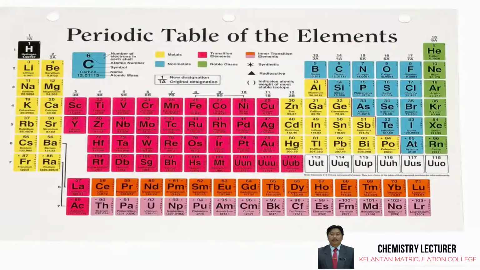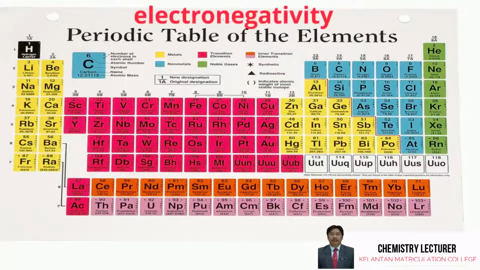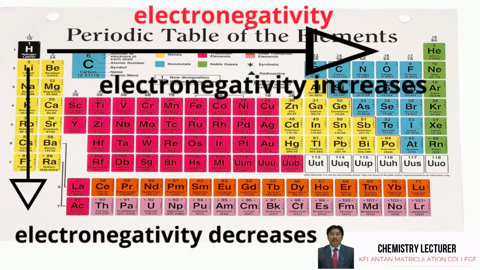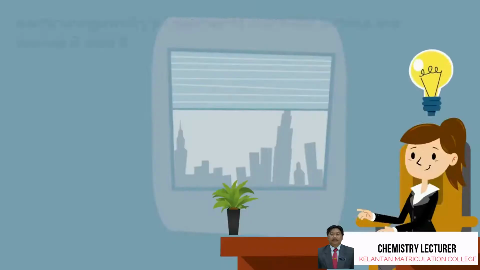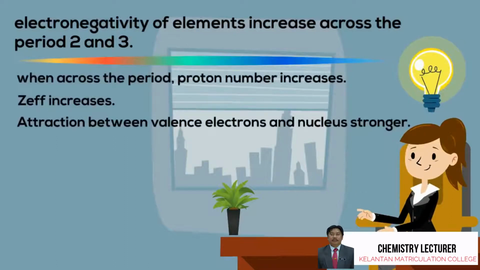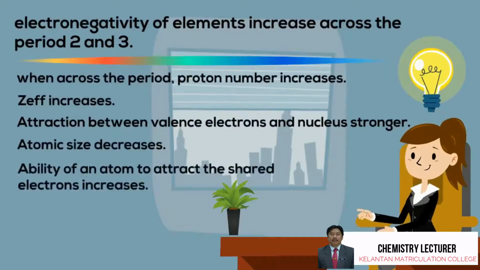As we refer to the periodic table, the electronegativity of an element decreases down the group and increases across the period. What happens to the electronegativity of elements across periods 2 and 3?